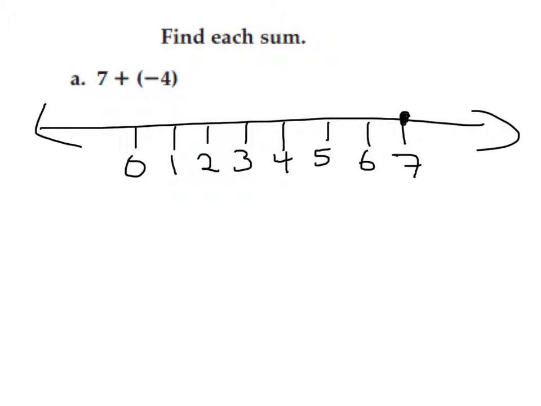The addition sign says move to the right, but once again, the negative inside the parentheses tells us to move to the left, and the number 4 tells us to move left 4 spaces. So I'm going to move to the left 1, 2, 3, 4. We end up at 3. So our answer here is a positive 3.